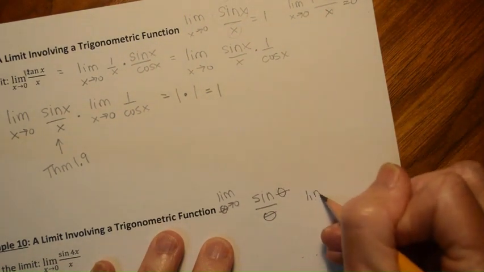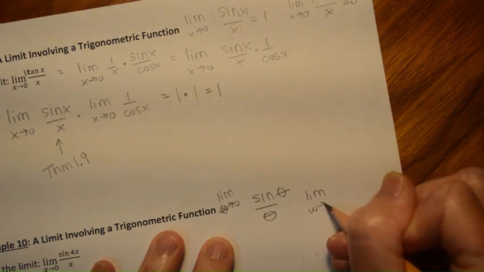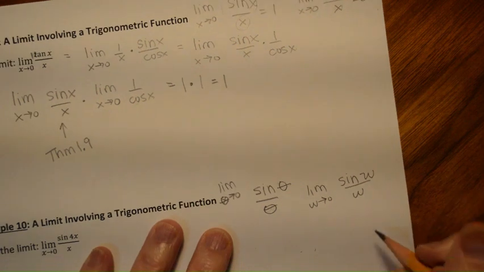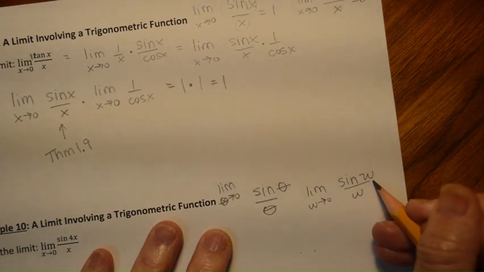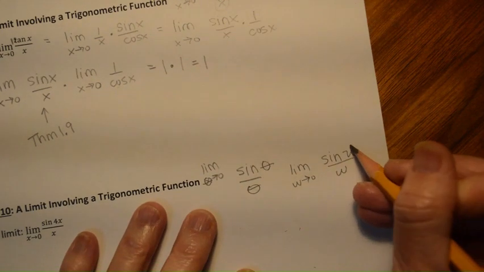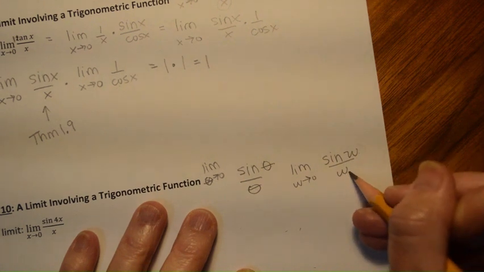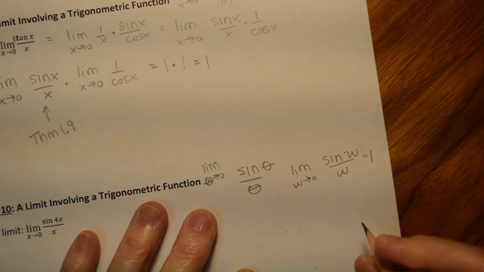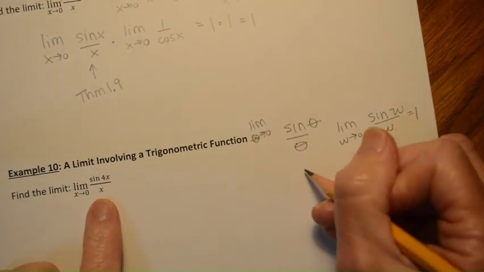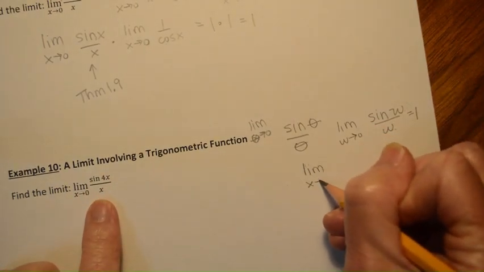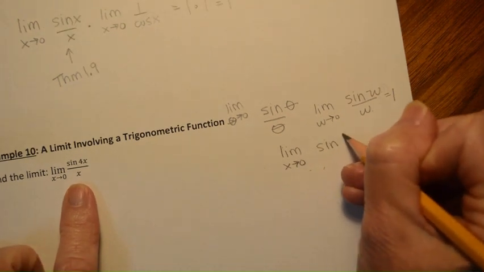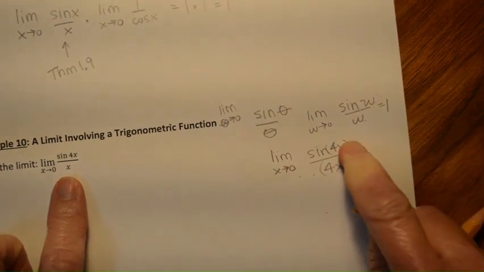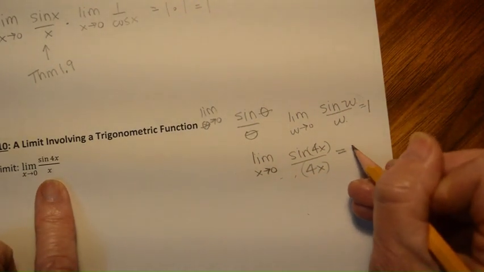We could put limit as w approaches 0, sine of w over w. There's no reason it has to be x. As long as the numerator, the argument of the sine, and the denominator are the same, this is still going to be 1. So really what we need in this case is limit as x approaches 0 of sine 4x over 4x. They match, and so this would be 1.